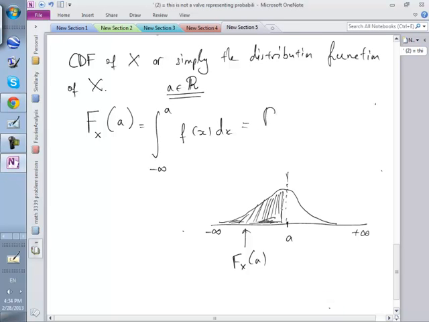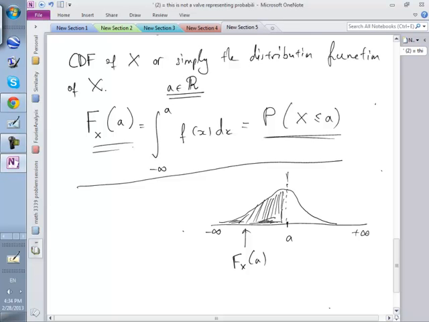And this is nothing else but the probability that x takes values less than or equal to A. So exactly this condition we use to define the distribution function, we showed for discrete random variables. So in other words, the distribution functions for discrete random variables and for continuous random variables have exactly the same definition. There's no difference. And that's a unifying property.